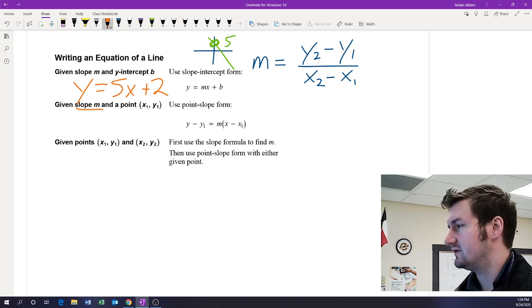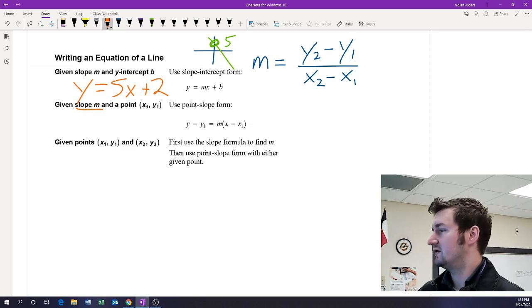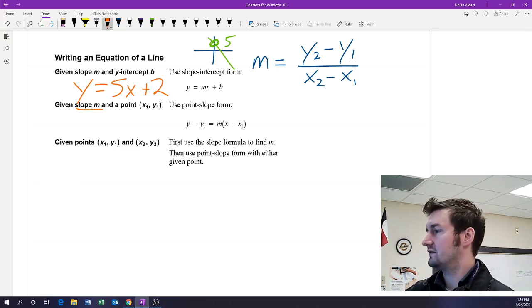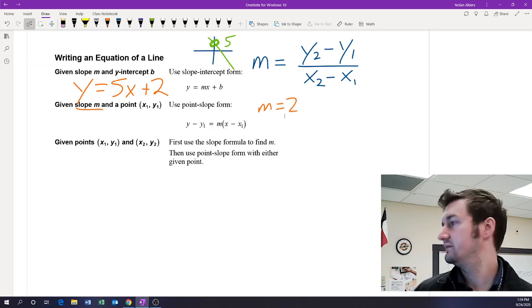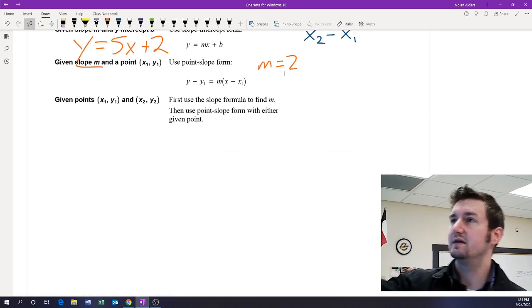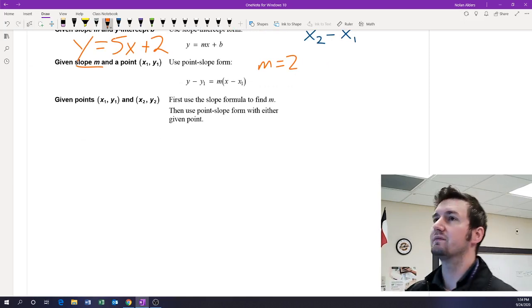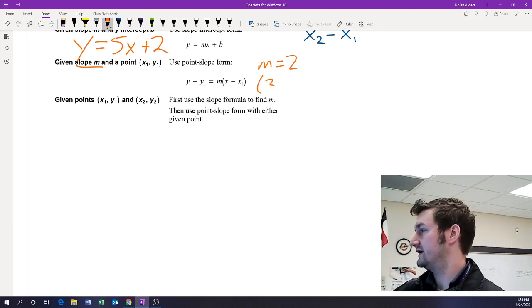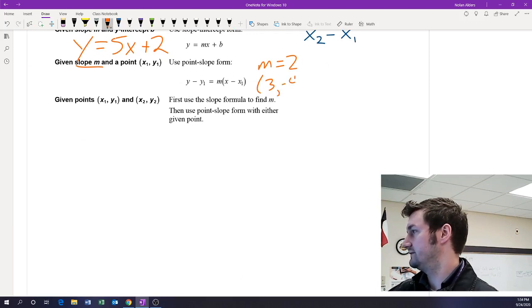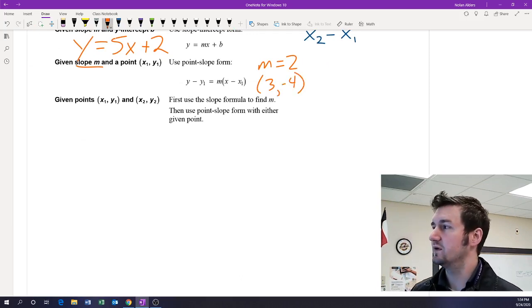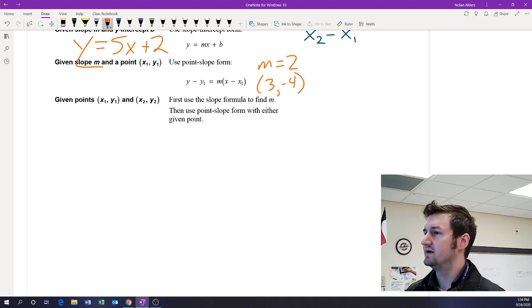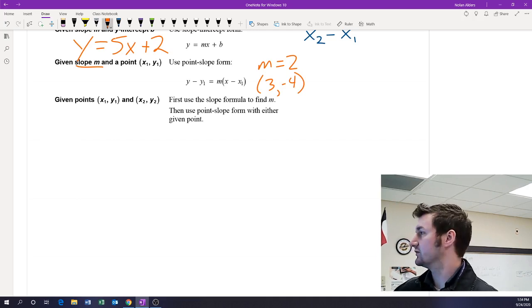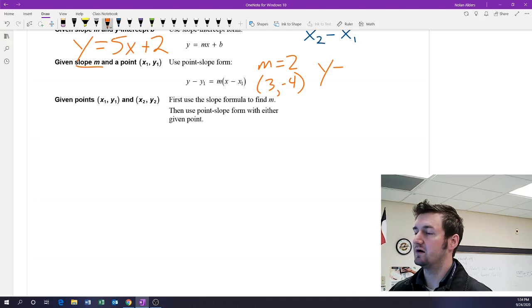So an example of that might be, let's say we know the slope is 2, and maybe the point that we have might be like 3, -4. Okay? So we could write the equation for that just by using our point-slope form. So we could write y minus, our y-coordinate for our point is -4.